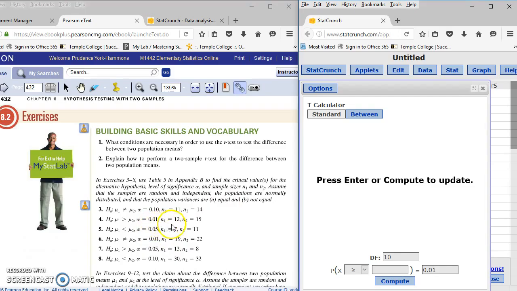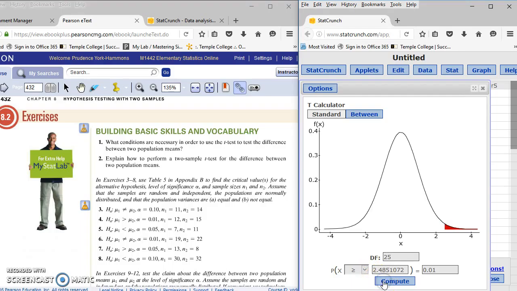So for part A, if the variances are equal, we take N1, add it to N2, so that's 12 plus 15, and then we're going to subtract 2, 1 degree of freedom for each of those samples. So 12 plus 15 would be 27, and if we subtract 2, that would get us to 25. So this expression here is equivalent to 25 for the degrees of freedom.